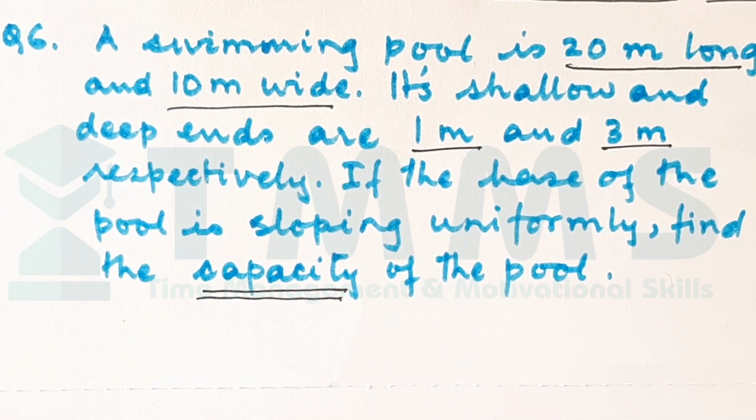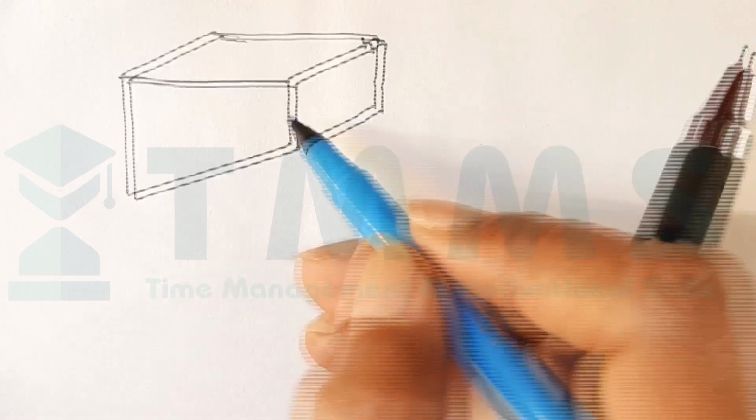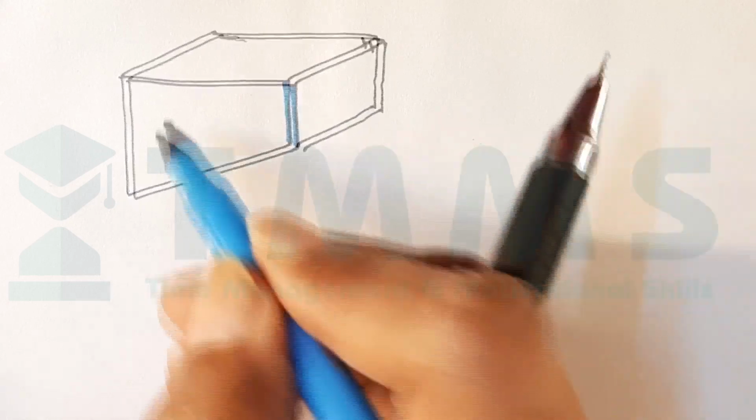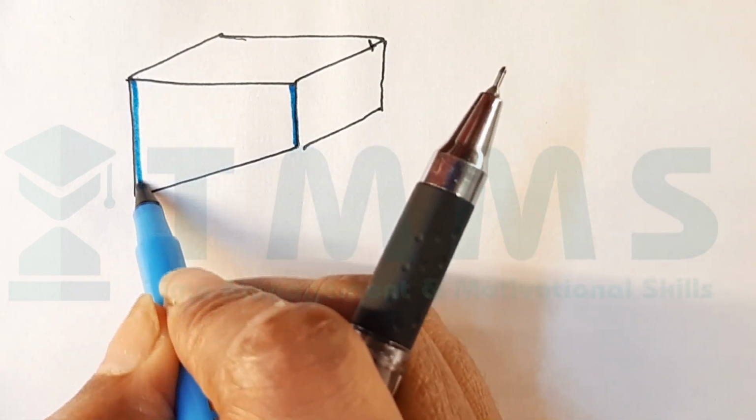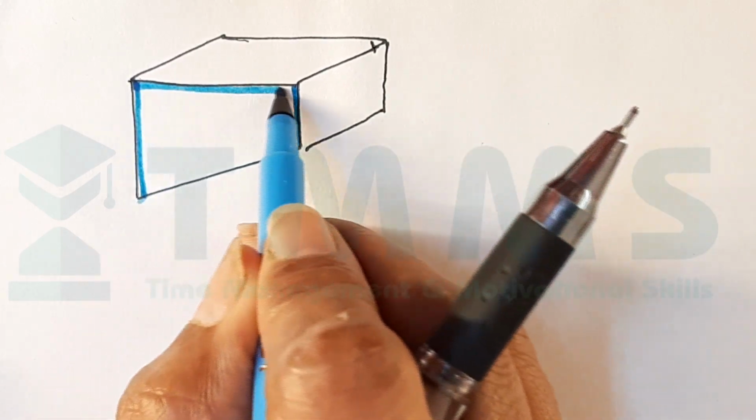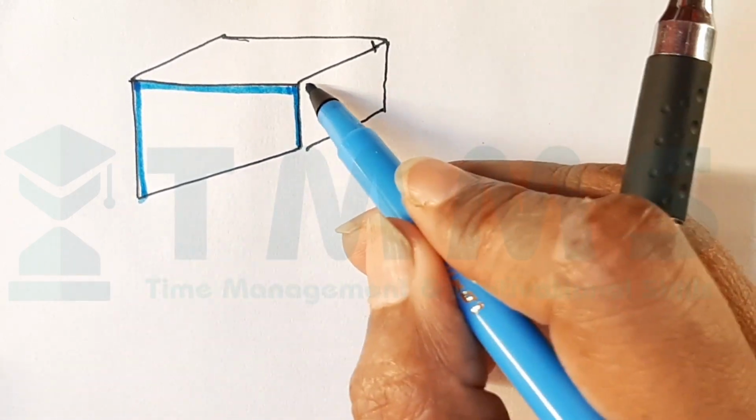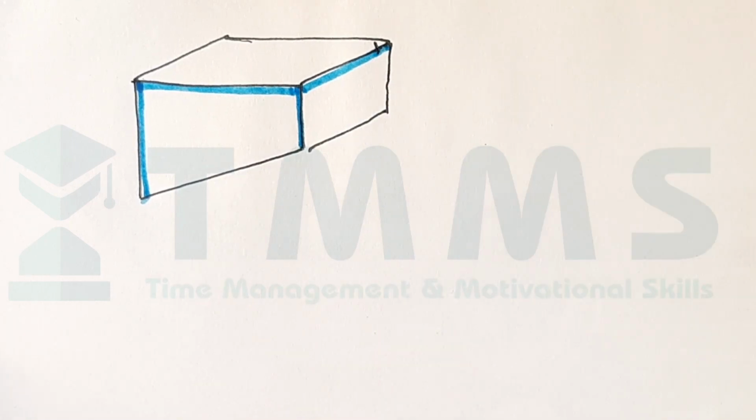So let's just draw the diagram. Let us look at the swimming pool. This is the shallow end of it. This is the deep end of it. This is the length of the pool, and this is the breadth of the pool.